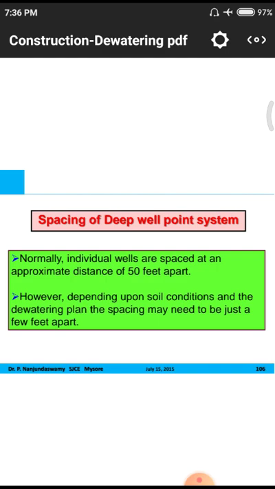If the sand is very silty, there may be less percolation of water and less availability of groundwater in silty soils and clay soils. Why? Because fewer voids are present in silty soils and clay soils. Whenever there are sandy soils or gravel soils, there may be a huge amount of water enriched in the lower layers, because voids are present in these sandy soils and gravel soils.